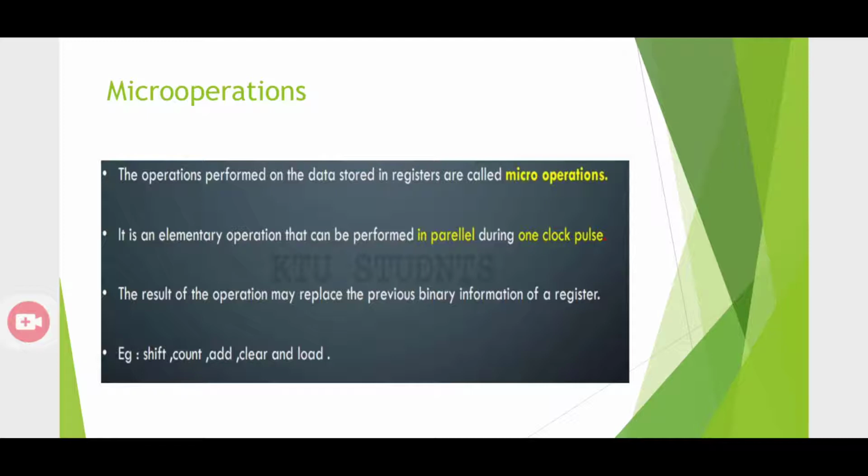And the result of this operation may replace the previous binary information of a register. Examples for micro operations include add, load, clear, move, shift, count, etc. So a micro operation means an operation which is performed on the data stored in the register.